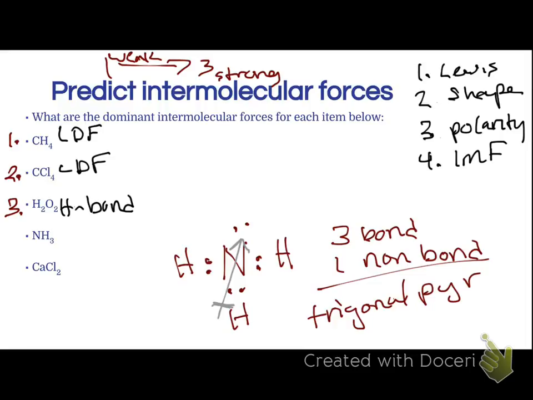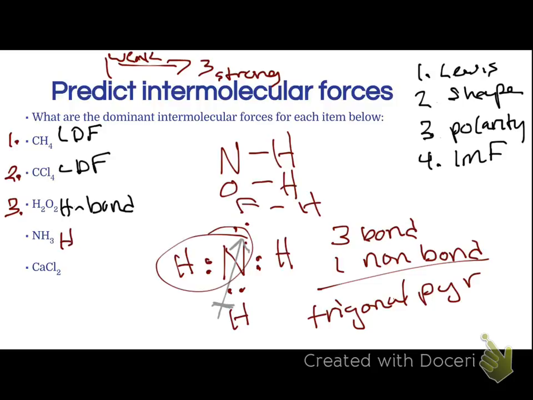It could be dipole-dipole. It's not ion-dipole. I don't have a metal. But I also remember that hydrogen bonds are defined as anything when you have an NH, an OH, or an FH, right? So if that's true, this is NH. So this is also a hydrogen bond.